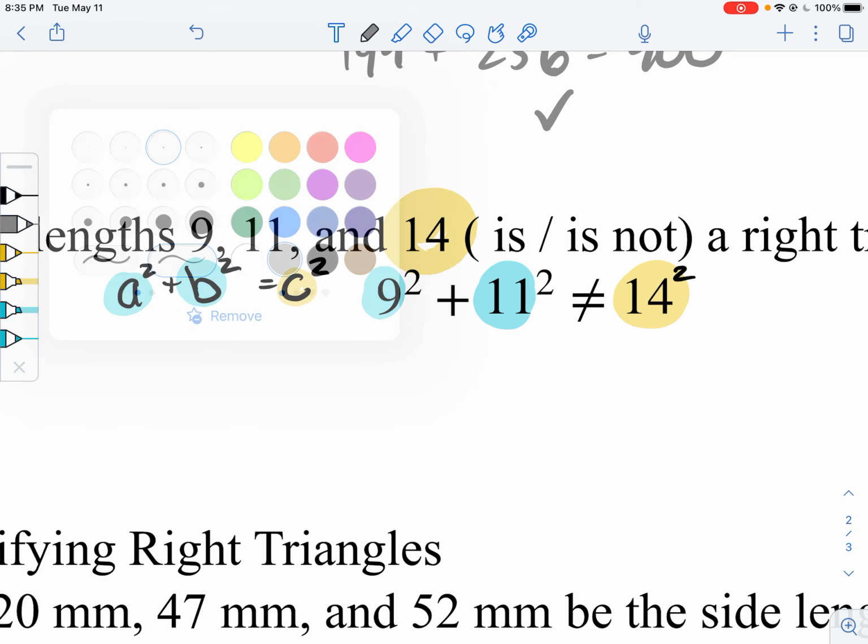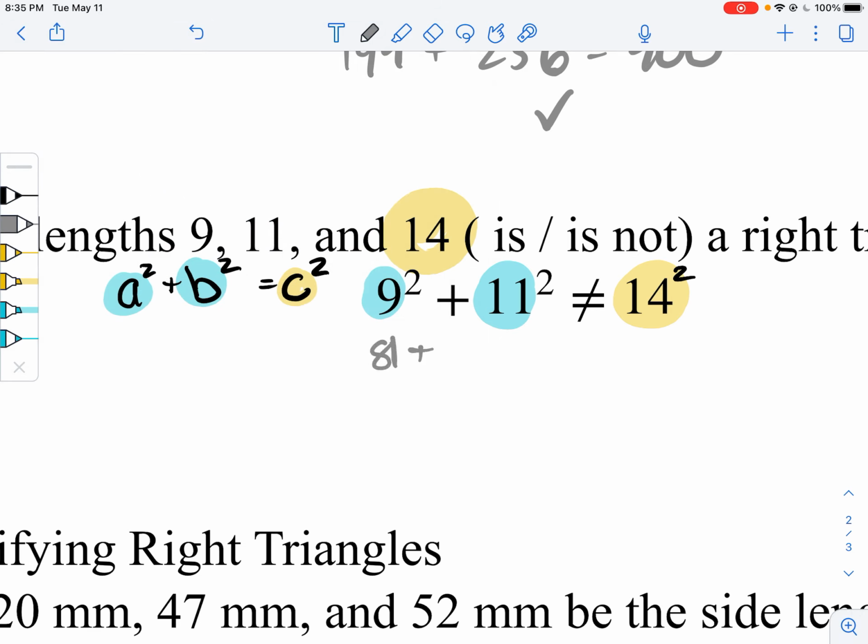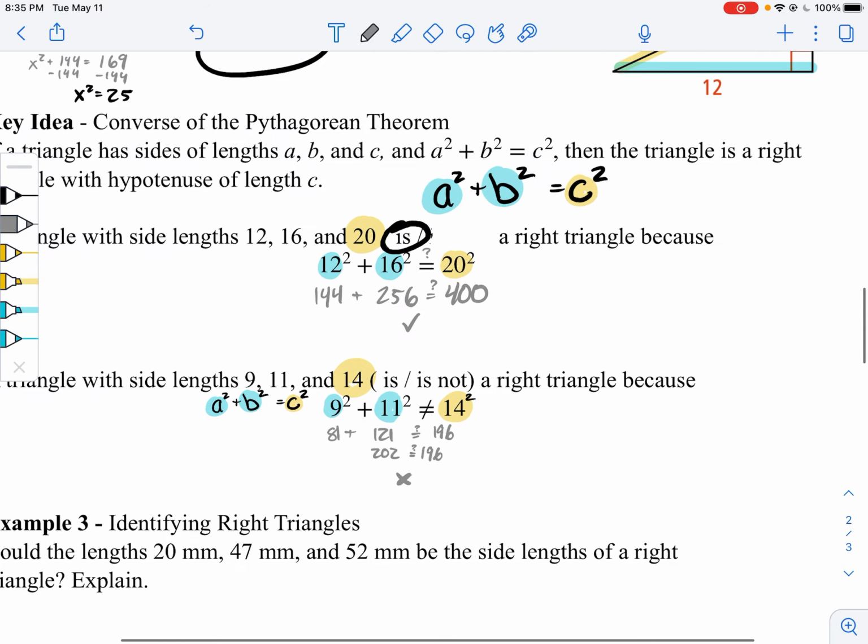Well, let's find out. Is 81 plus 121 equal, maybe, to 196? Well, I already told you, it's not, because that's 202. Last time I checked, it's not equal to 196. It's close, but close only counts in horseshoes.